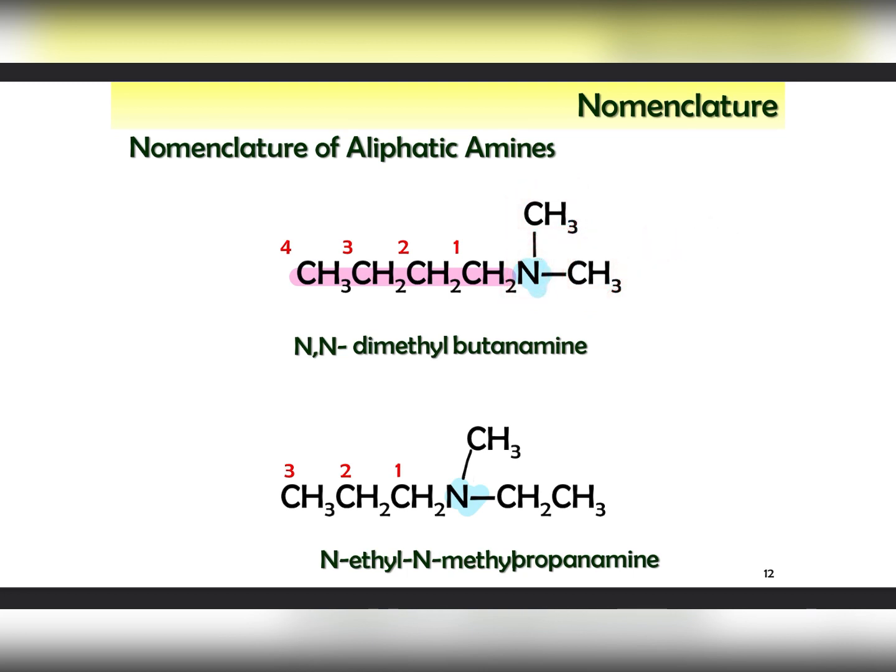So the naming will be N,N-dimethyl. Why dimethyl? Because you have 2 methyls here. And why N,N? Let's say you have this example.